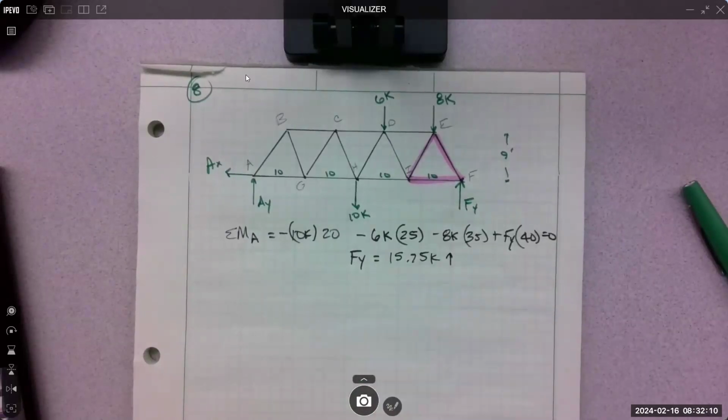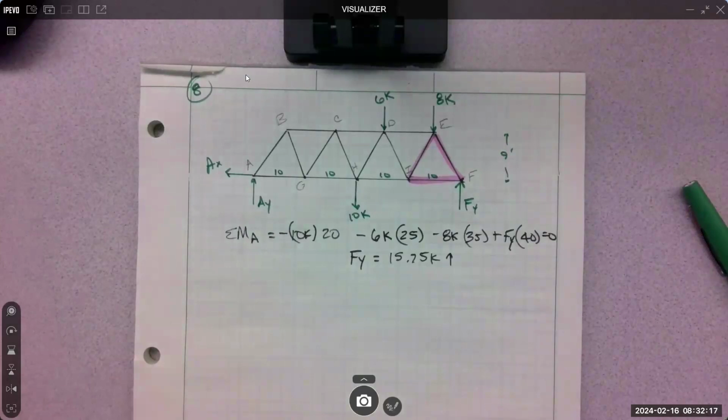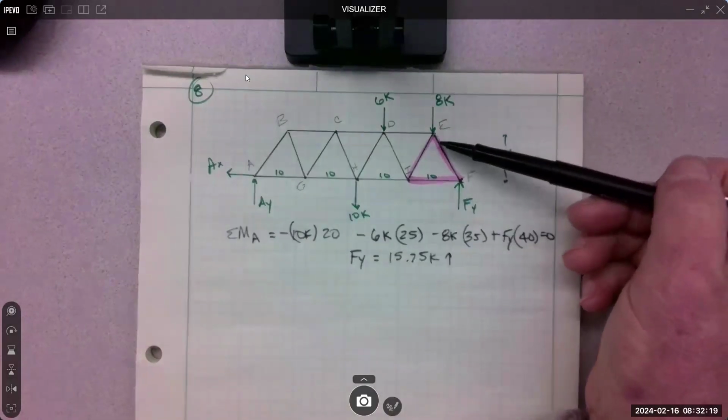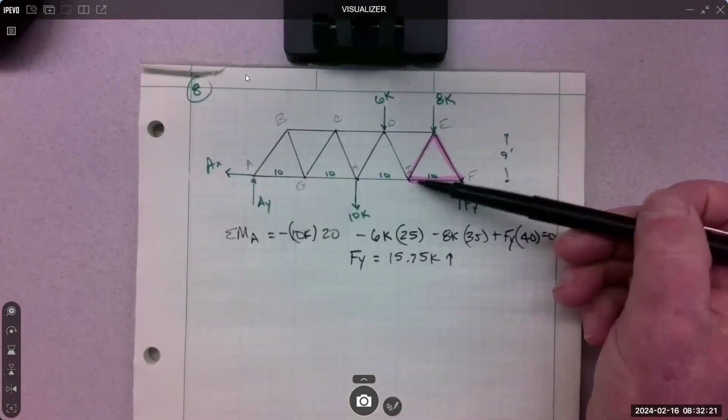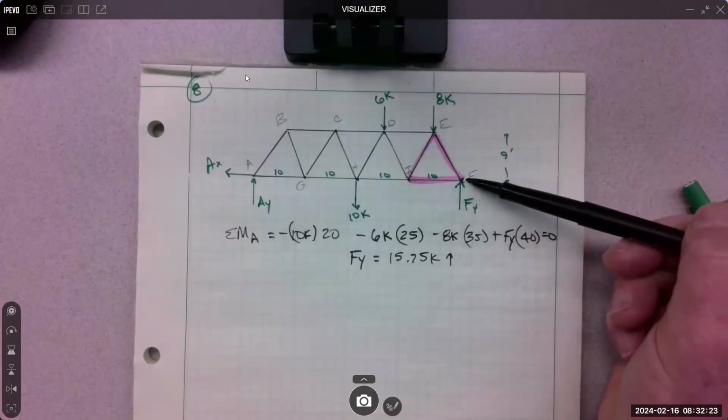It comes out positive, so it's definitely going up. Boom, we start in at connection F. We do not want to start at E, there are 3 unknowns. We don't want to start at I, there are 4 unknowns. We definitely have to start at F.